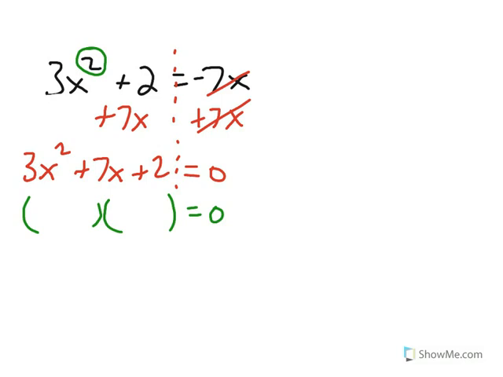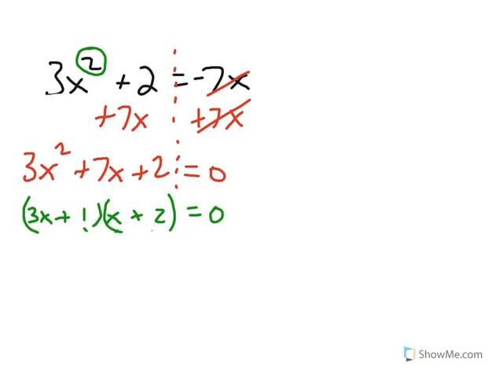Now, 3x squared plus 7x plus 2, we already factored this in an earlier problem. 3x times x, 1 times 2, both are positive, and that right there would FOIL back out to give me the 7x. Remember, I have the 3x times the 2 gives me 6x, that gives me the 1x, and now I get 7x from my middle term.